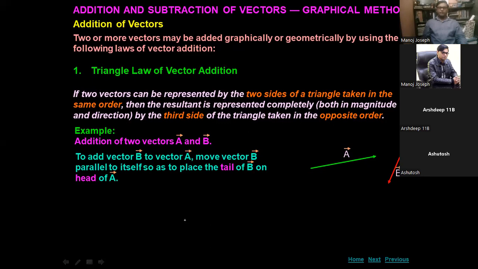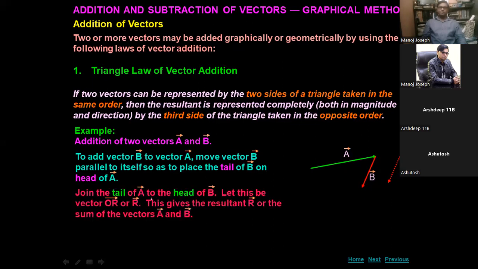The last day I explained we use this triangle law of vector addition when the vectors are connected in the head to tail relation. So we will make a parallel vector and attach the tail of vector B with the head of vector A, and these two vectors represent two sides of a triangle.